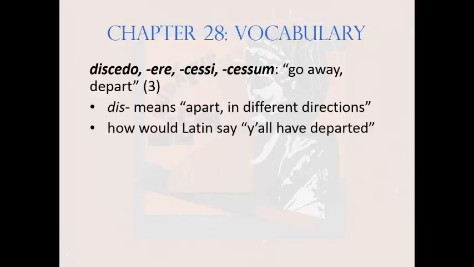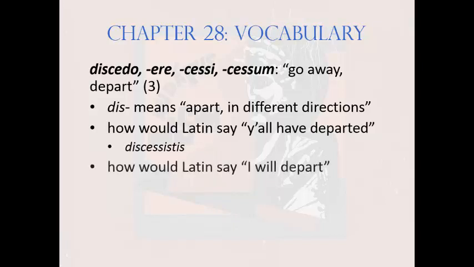How would Latin say, y'all have departed? Which principal part will be used? The third. Drop the I, and you have the perfect base. So the answer is discessistis. What about I will depart? What do you mean, what about it? Translate it into Latin.